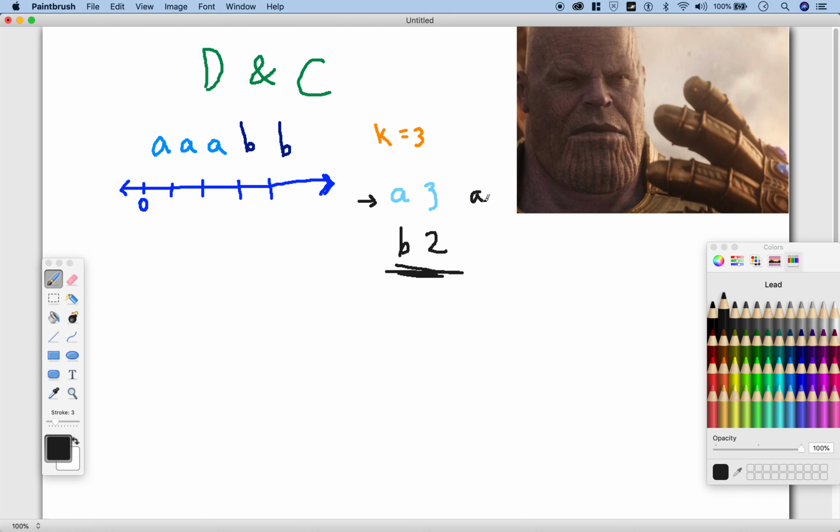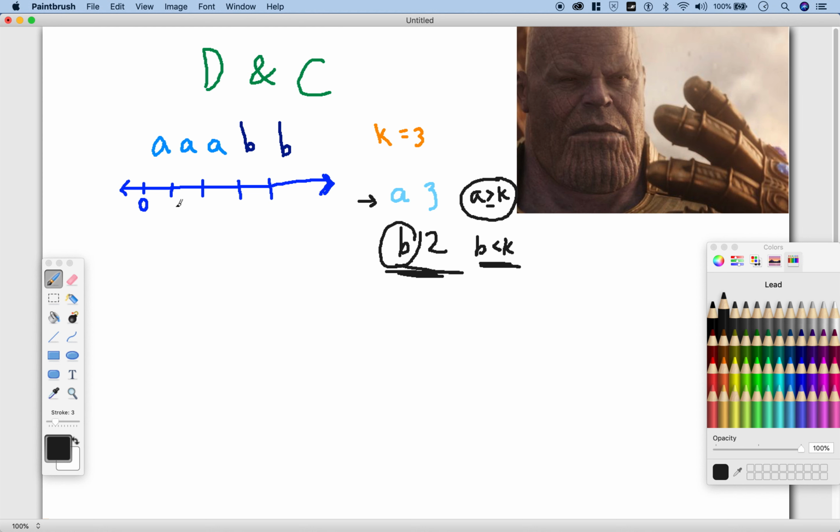A? No, because A is greater than or equal to k, right? How about B? Yes. The B infinity stone, I'm not sure what infinity stone that would be, the bowling ball infinity stone, if there was such a thing, would not belong in our collection, right? So if we see a B, this is a good place to split our string. We do not want to include the letter B, okay?